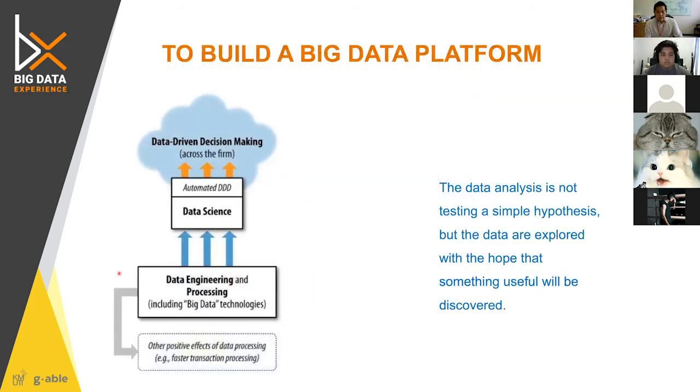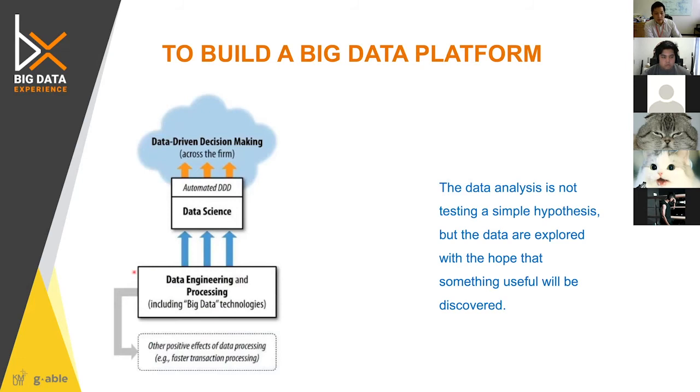And once we have big data, we can use this to support data analytics and data science, to create automation that would, again, drive the company. So you can see that there is a certain dependency between them. If the company does not have a way to process the data quickly, then it will not have the support for the data science team that wants to use the data to perform analytics.